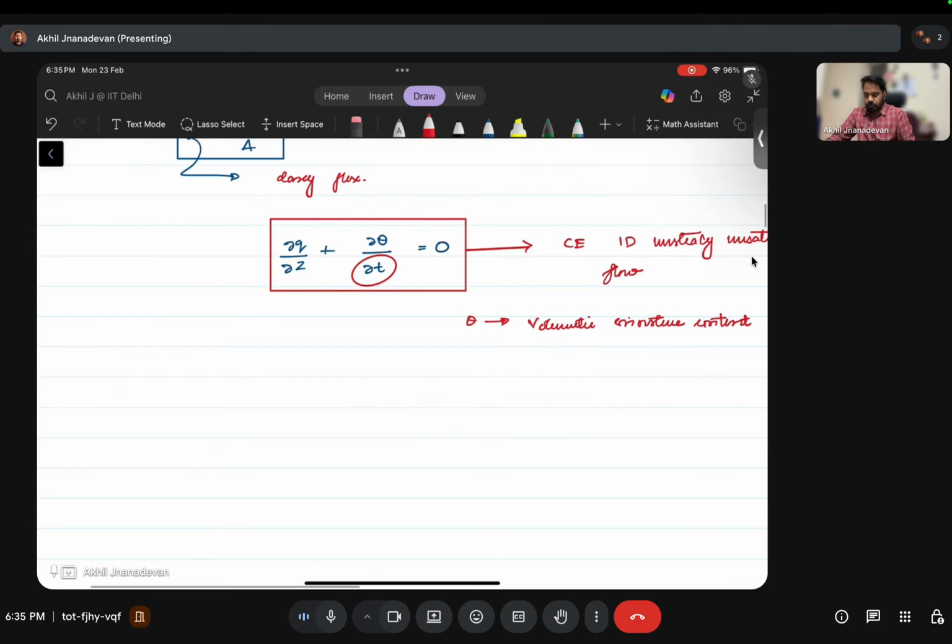And then for the momentum equation, we are not applying the RTT here for the momentum part.